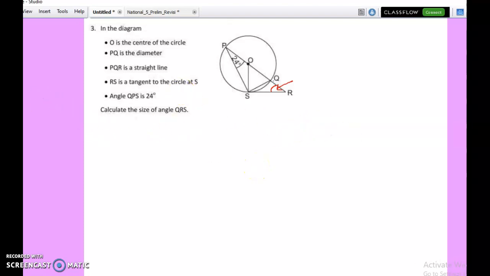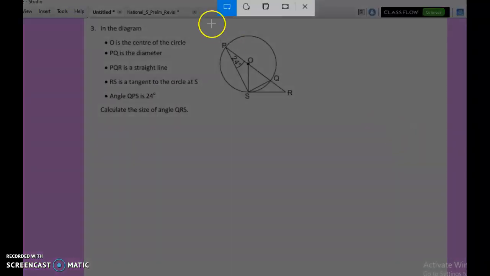Okay, a few things to remember then. First thing, a tangent. Now this line SR is a tangent, and the radius, which is OS, always meet at 90 degrees. So that there is a right angle. What I'm going to do before I go any further is get a bigger version of this diagram to draw on.